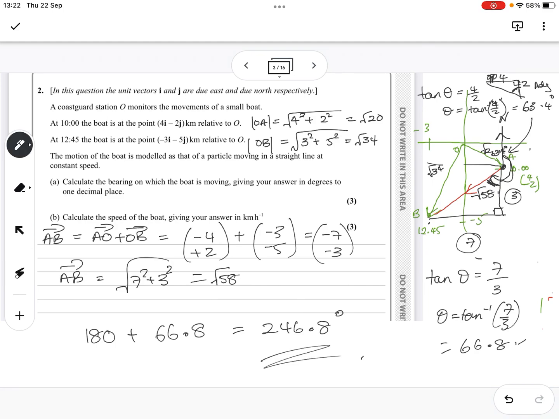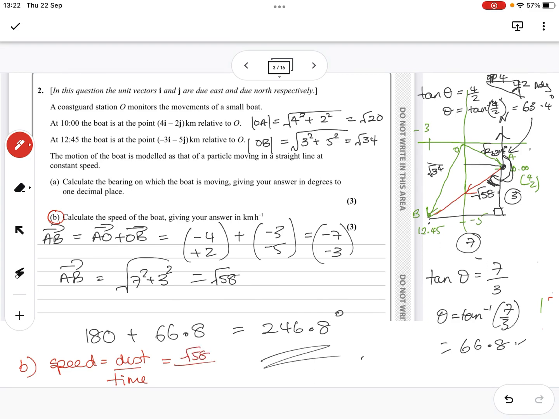The next bit then, change colour. Let's go red. For part B, calculate the speed of the boat. Give me your answer in kilometres per hour. Okay, well, speed equals distance divided by time. We know the distance he's travelled is root 58 because I've already worked it out.